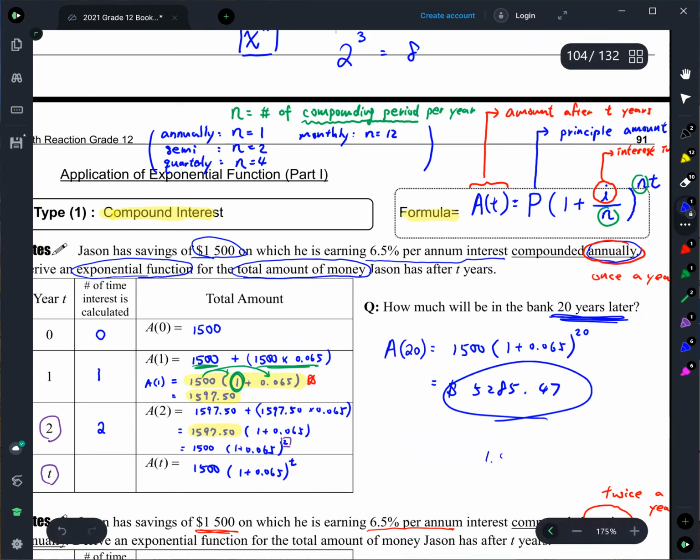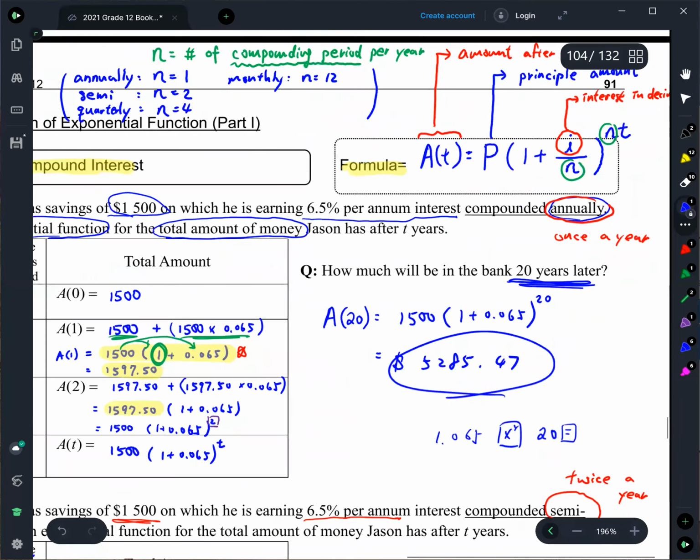So you have 1.065, right? You type that, and then you type your exponent button, and then you type in 20, and press equal. I got 1.